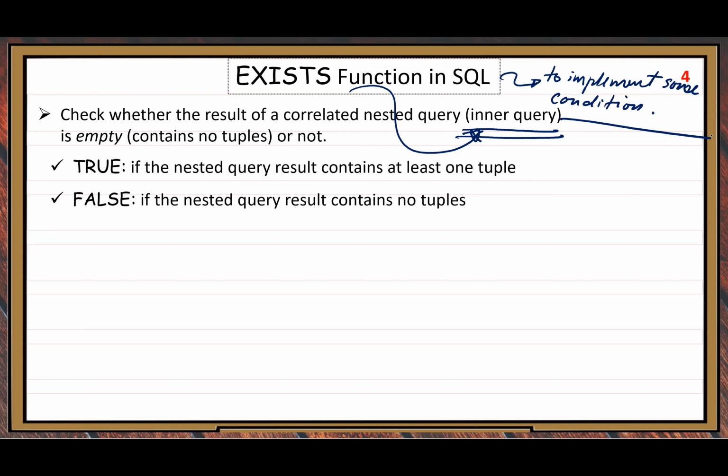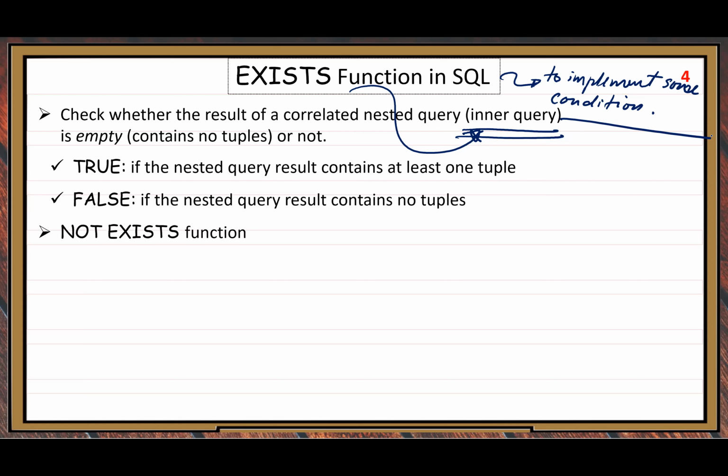We have many other different ways to implement some condition. This is just one of the ways you can use. So this method provides you one useful and powerful way to implement some condition.